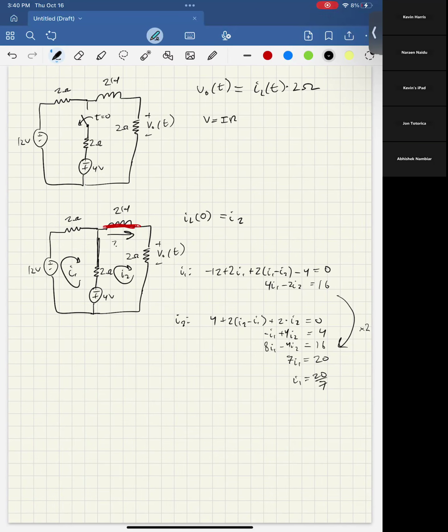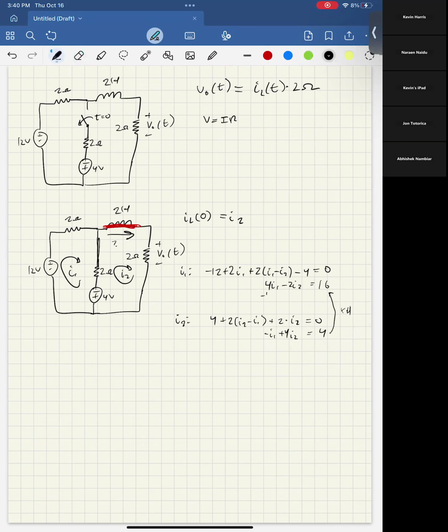Well, I guess we want to find I2 more. So actually, let me just solve for I2 and see if I get the right thing, because we don't actually care about I1. So if we wanted to find I2 here, we would multiply this by 4, so that this cancels.